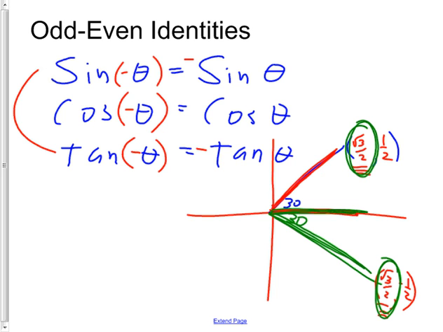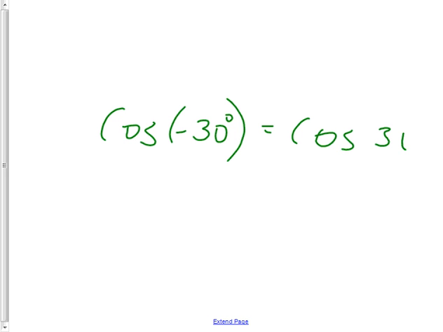So you're going through a problem and you come across this: cosine of negative 30 degrees. What can you replace that with? Don't change it to a different thing. Cosine of 30. Now that it's positive, can we take cosine of 30 and replace it with something?